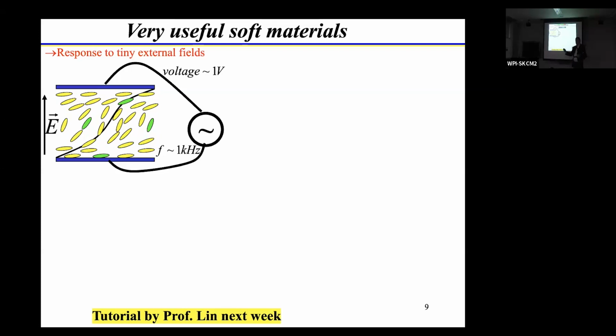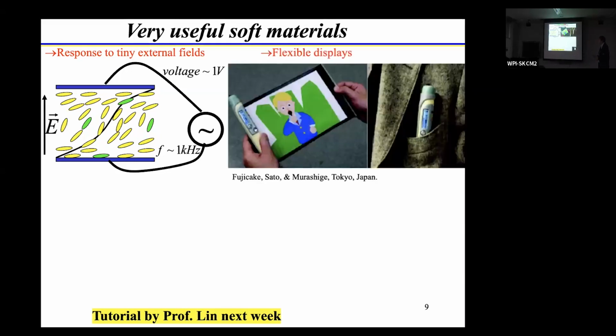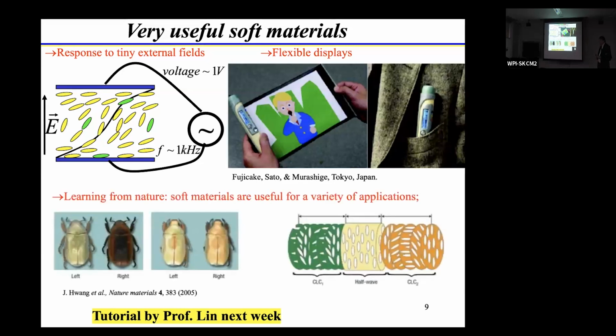And because of this change of properties in our display pixels, we can control how much light is passing through. And with the additional help of color filters, we can display colors and display information. And here's an example, from quite some years ago, of a flexible liquid crystal display that can be pulled out of a pen like this and display information.